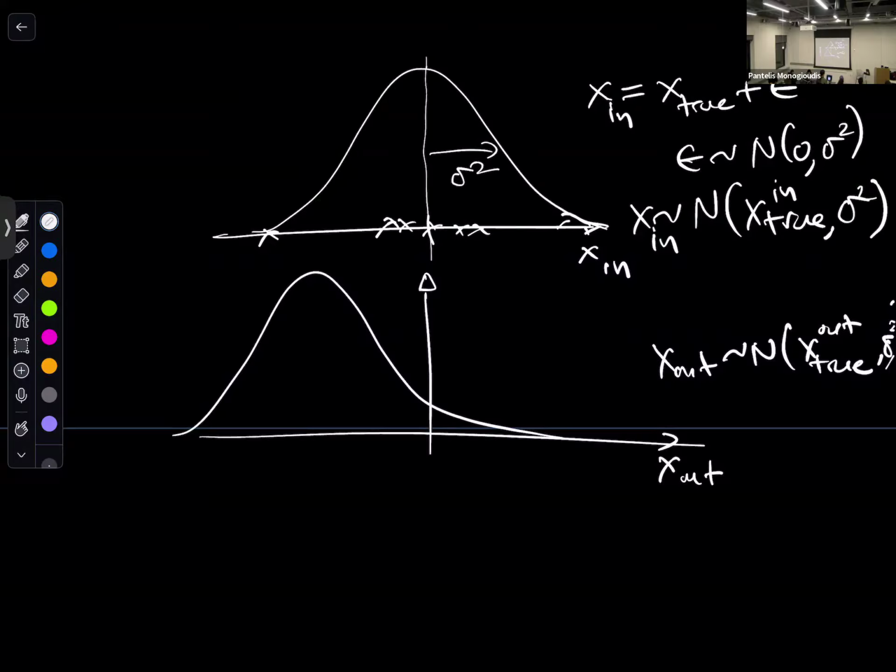The same thing happens with your smartphones as we speak. Lots of stuff in nature, when they are summed up together, independently of their origin, they end up being Gaussians. Heights of women are Gaussians. Heights of men are Gaussians, over a population. So lots of stuff in nature is Gaussian. Gaussians are everywhere.